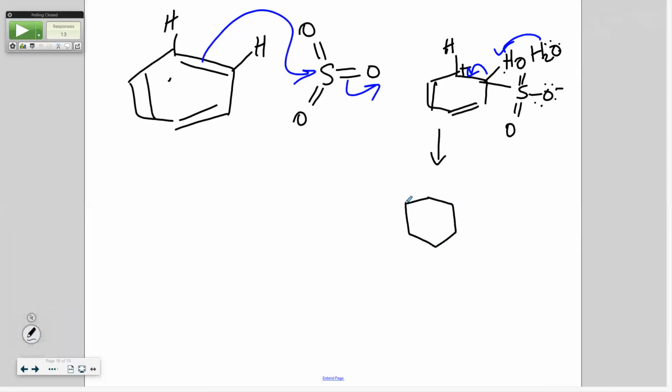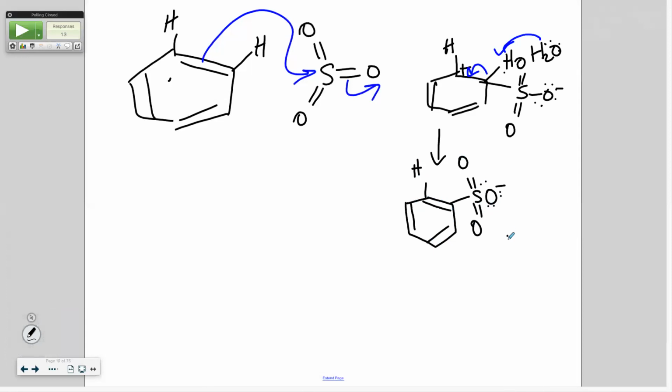Works better if I don't pick it up. Sure. I am going to draw that H in, and then over here I have this part. Okay, and now I have my double bond. I got my aromaticity back. Okay, what happened to the water?